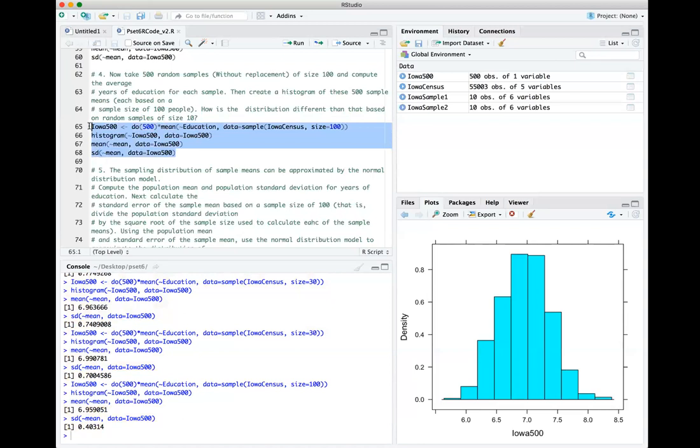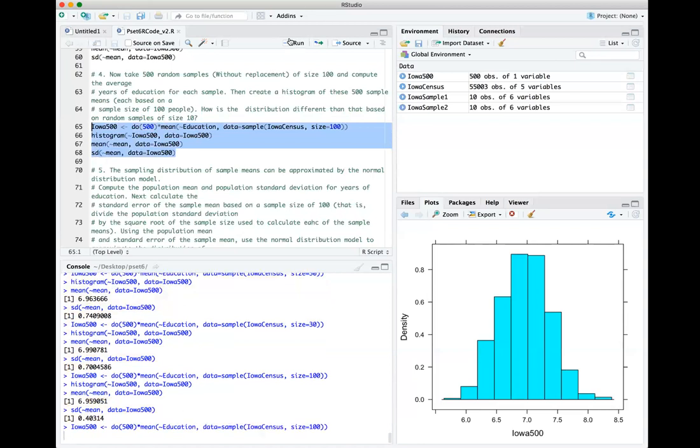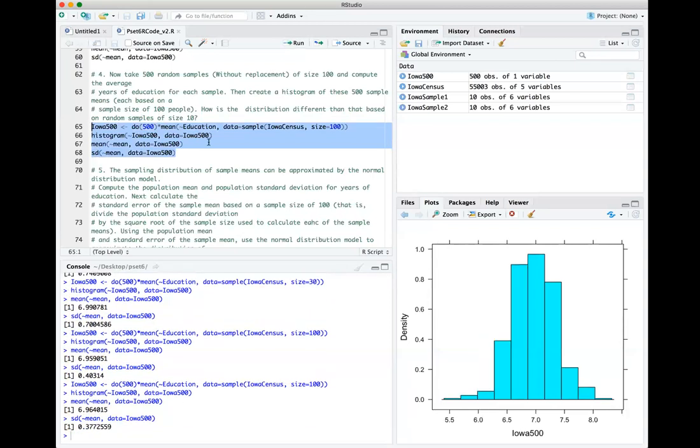Let's do this again, just to see what happens. Now we have a point estimate that's actually pretty close to the population, and you have a smaller standard error.